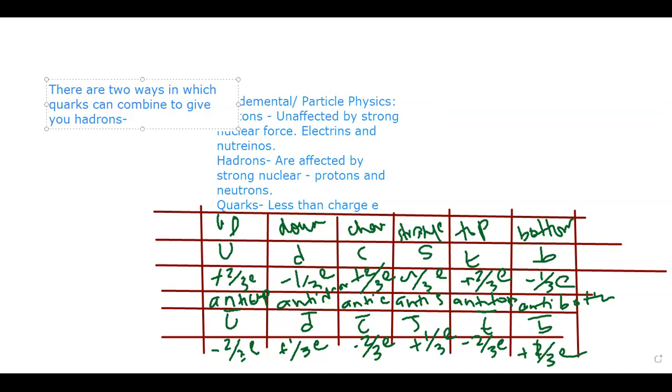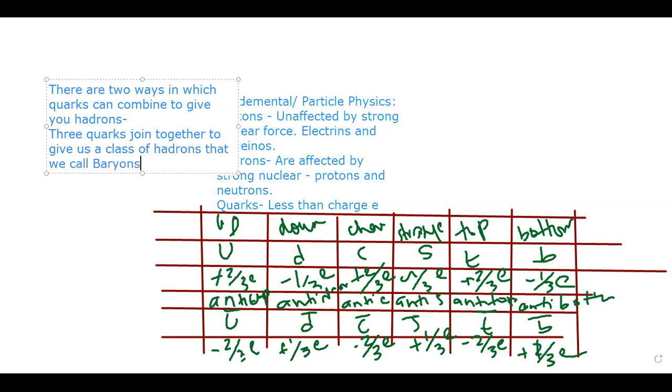The two ways are, first, three quarks join together to give us a class of hadrons that we call baryons.